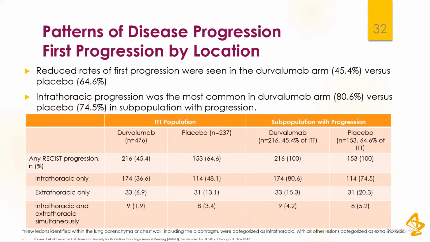So if the pattern of first progression is local, then we could decide based upon local treatment which could be given to these patients, or we could observe them. The most common progression was intrathoracic progression, compared to the placebo arm, where there was more generalized, or I would say distant, progression.